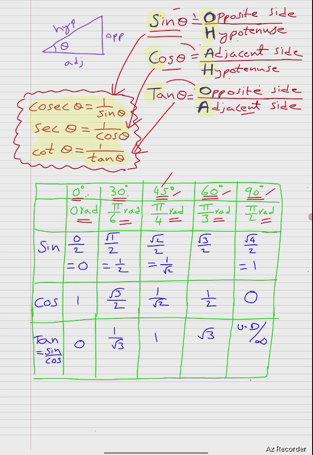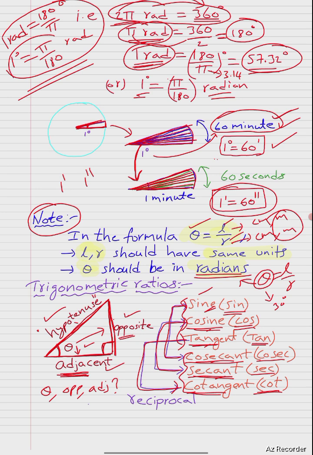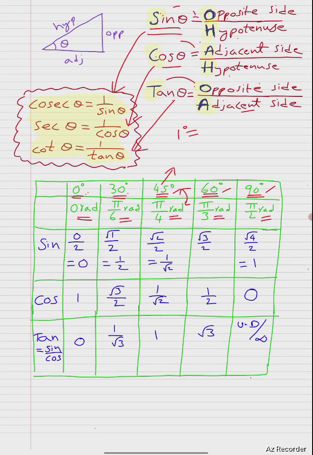So let us take one value and convert that into radians so that you will understand why these values are written here. Okay. So we know that, earlier we have seen a conversion factor, 1 degree is equal to pi by 180 radians. Then what is 45 degrees?